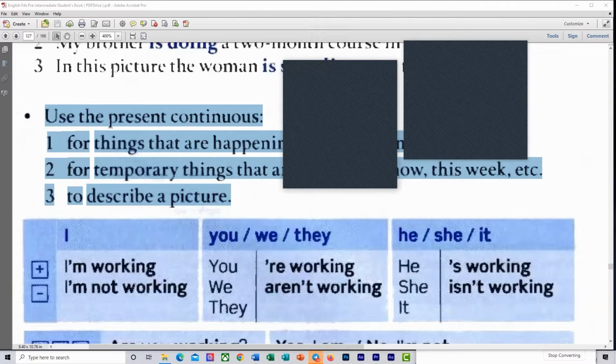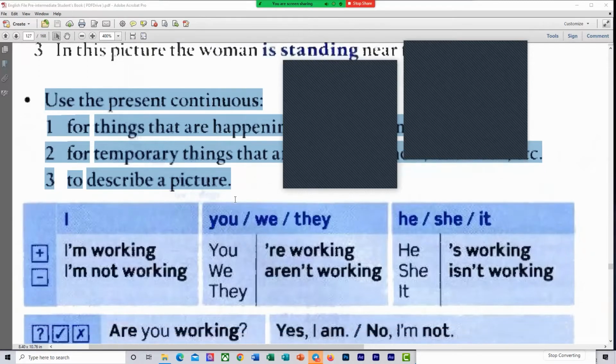So when you see something in a picture and you want to describe it, we also use the present continuous. So there are 3 main rules for the present continuous.